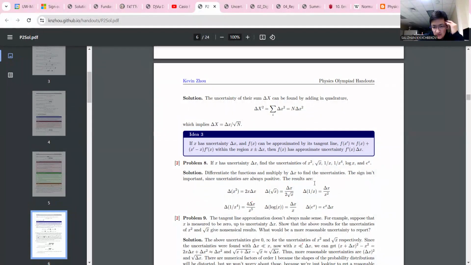In that case, you take df/dx times delta x, squared.